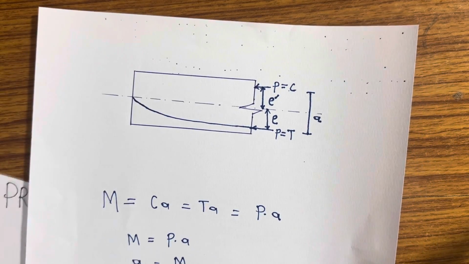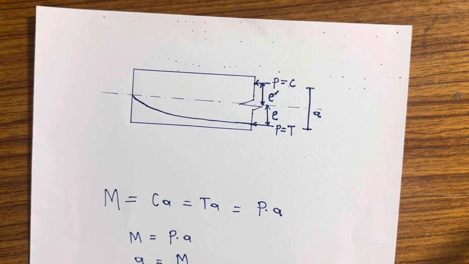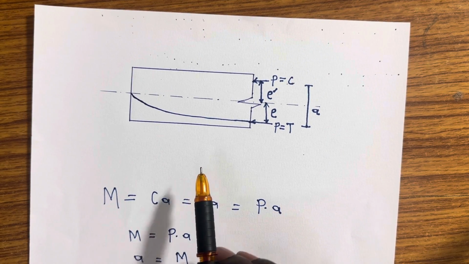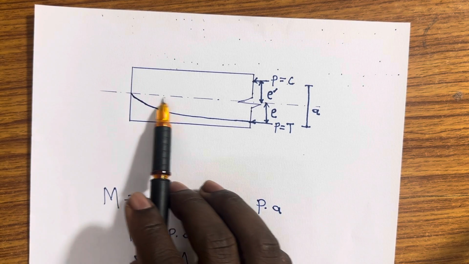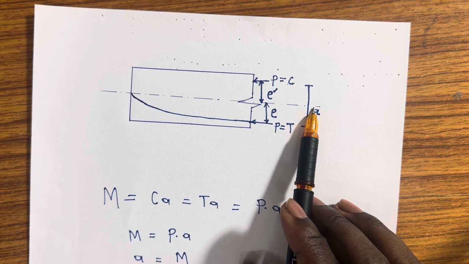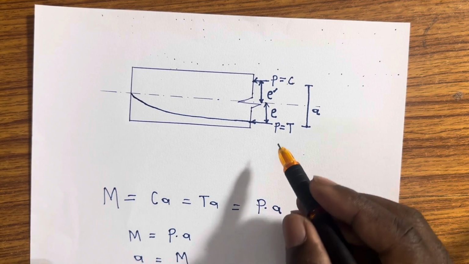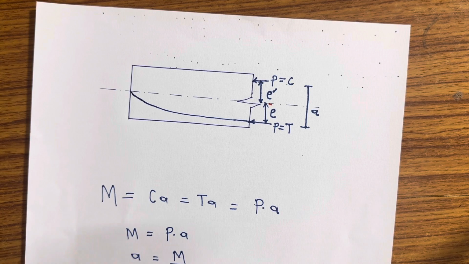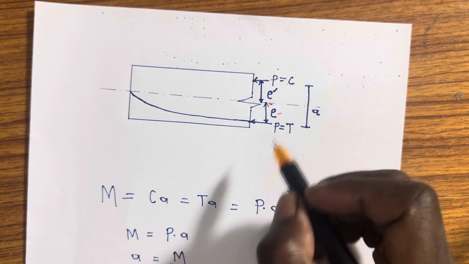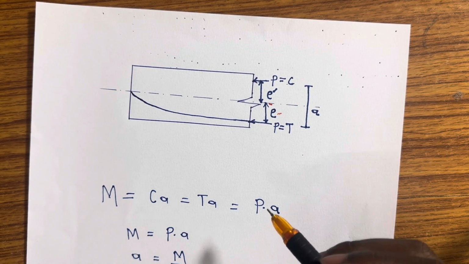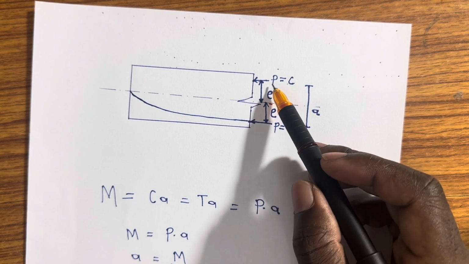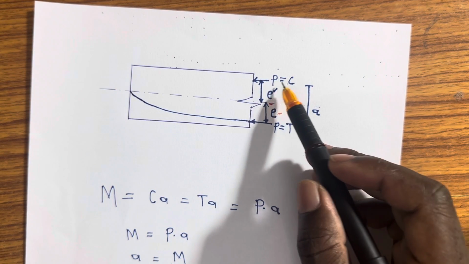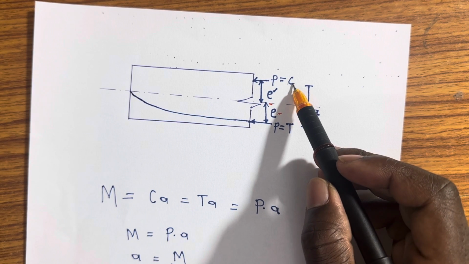Now, this is my beam, a cross section of the beam, and as you can see, this is the center, the neutral axis. The distance from this neutral axis to where the tensile force is acting is called eccentricity, denoted with e. From the upper side, we have a force P acting at this line, and that is compressive in nature.